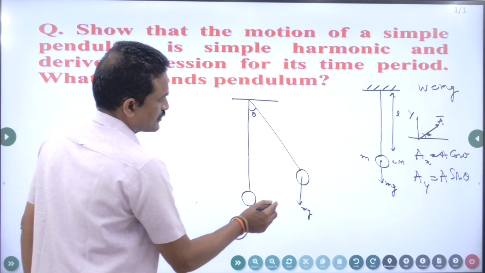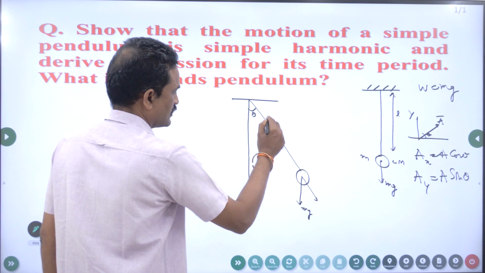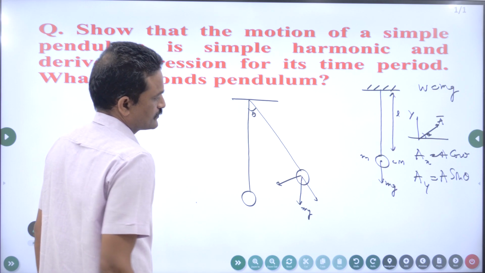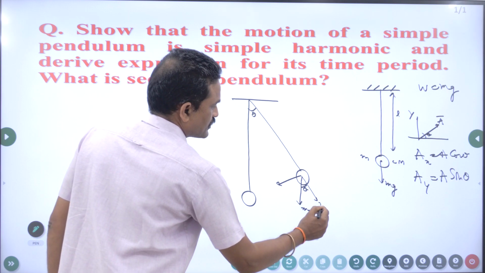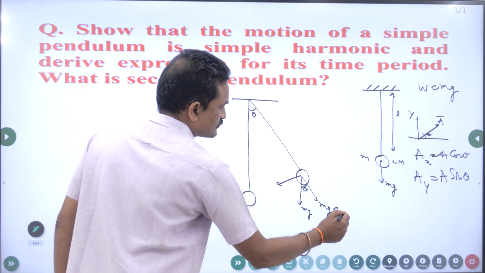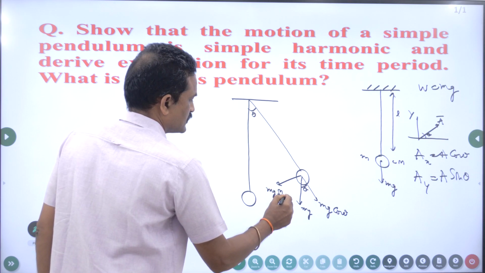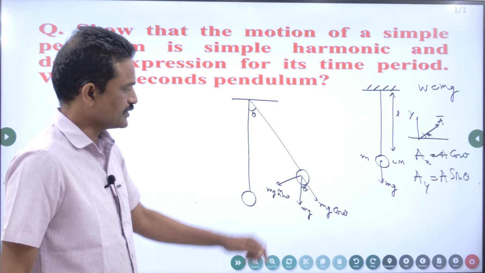I am resolving it into two components. So one component is along this side, along the thread, the other component is along this side. So if this is theta, even this is also theta. So this becomes mg cos theta, and this is mg sin theta. Is it clear? These are the two normal components of the weight.